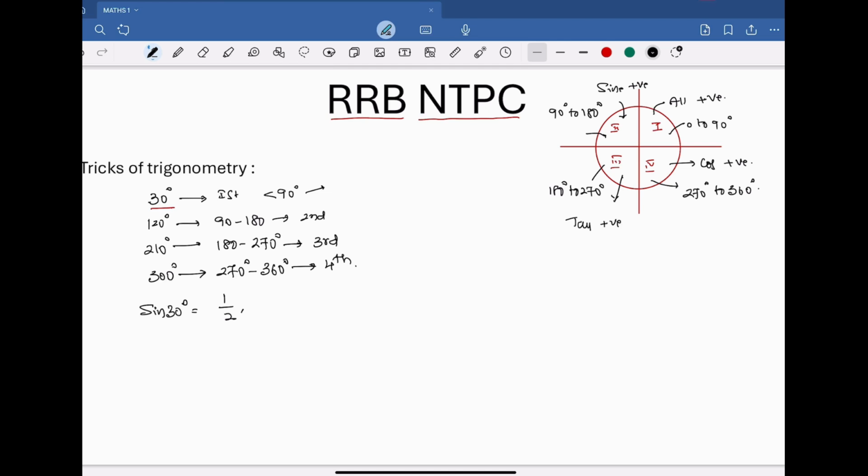For 30 degrees, the right angle triangle will be like this. Please see this. This is 30 degrees and this is the opposite side. This is the hypotenuse. This is the adjacent side.